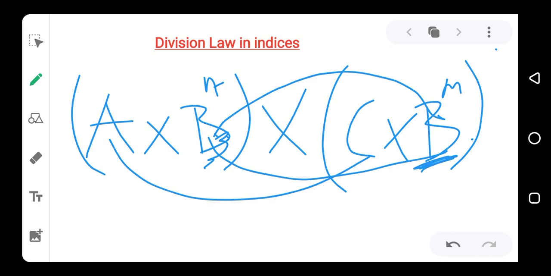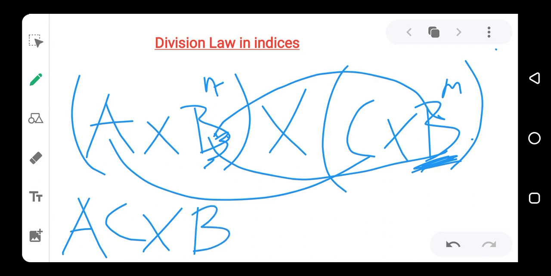So because what we have here is the same thing as what we have here, we can say that this is equal to AC times B raised to power n plus m. So these things can be different numbers.